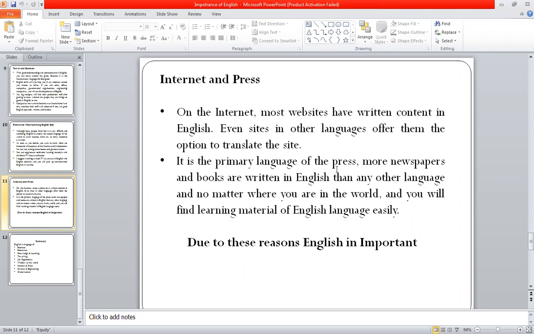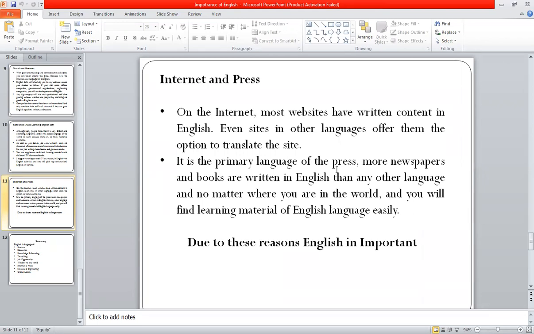You will have to buy them and try to read them, try to understand whatever the language is there. So newspapers are also important in making your spoken English better. This is also one of the points.